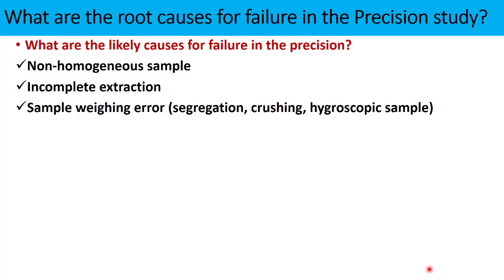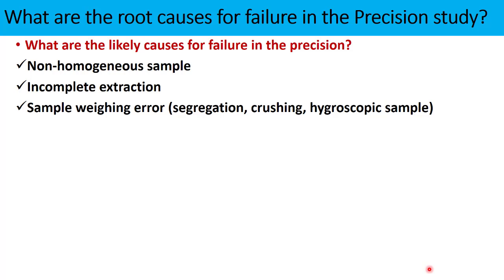So how can you come out of this challenge? It's very simple. You can grind this powder into a fine form so that there is no presence of the coarser material in the sample. So during weighing, the segregation will not take place and you will not get the imprecise testing result.